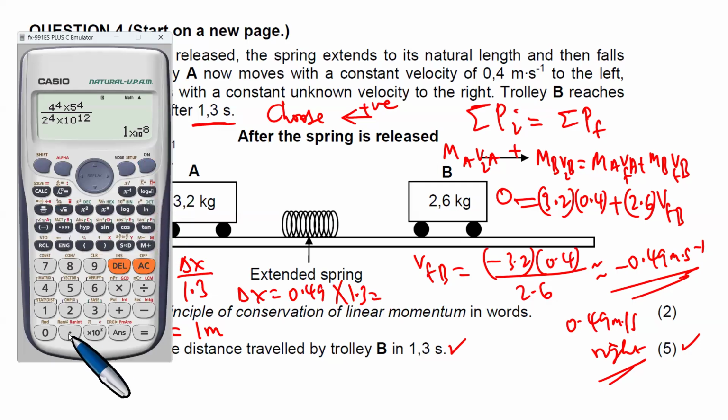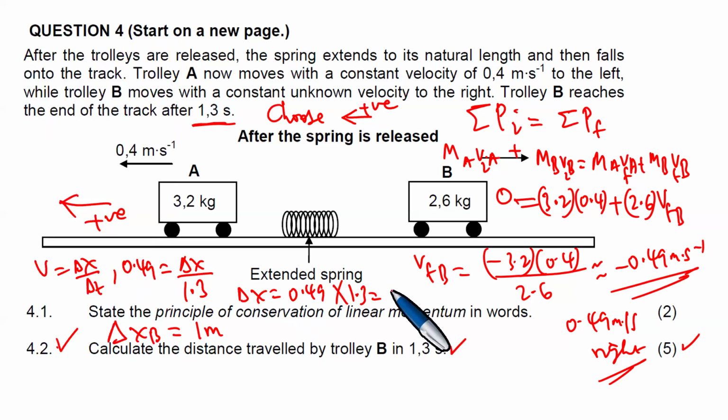So now we're going to take 0.49 times 1.3, which is 0.637, so 0.64 meters. Meaning that what you're going to have here is exactly 0.64 meters of displacement.